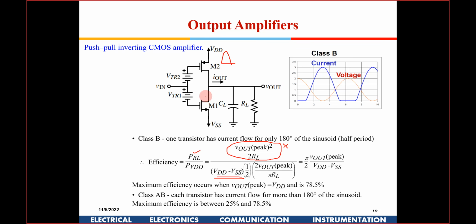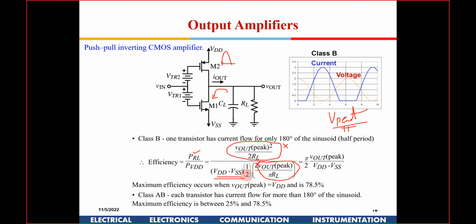Only this transistor is providing current into this circuit, and then it is switched off, and in the remaining part, this is totally switched off. Whatever current is available in this network is being pulled down here, so I am not dissipating any power here. So this is only half wave. Now for a half wave rectifier, what is the average? It is V peak divided by pi, right? So V peak divided by pi.